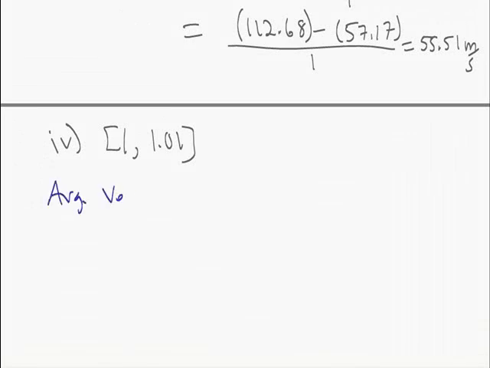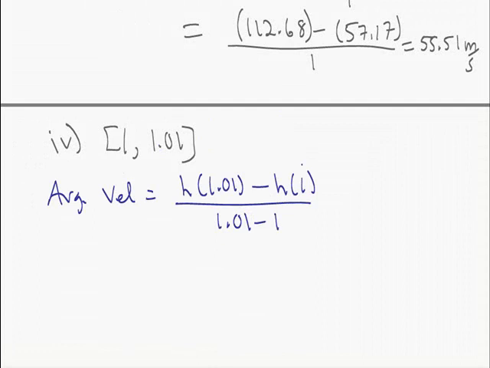Just like we said before, it's going to be the change in the position. The change in the position is going to be the height after 1.01 seconds minus the height after 1 second, all divided by the difference between these two things, this time interval, 1.01 minus 1, which of course is 1/100th of a second.